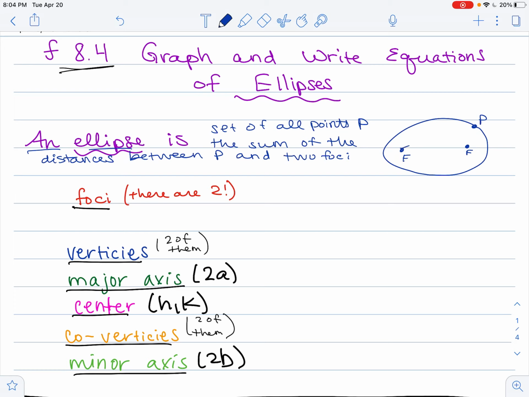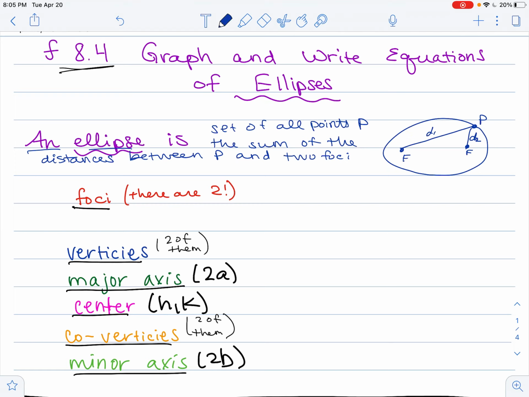And so we know that this right here is distance 1 and this is distance 2. So as the point goes around the ellipse, the distances from one focus to the other always add up the same.